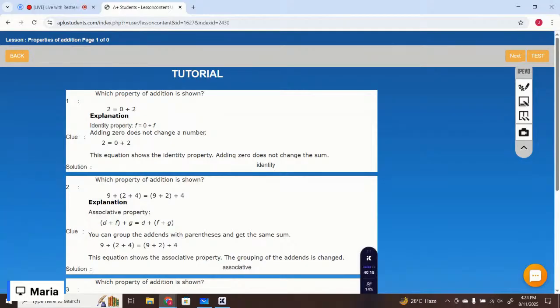That is the identity property of addition because adding 0 does not change the sum, right? So that is the identity property. Let's just start with the ones.